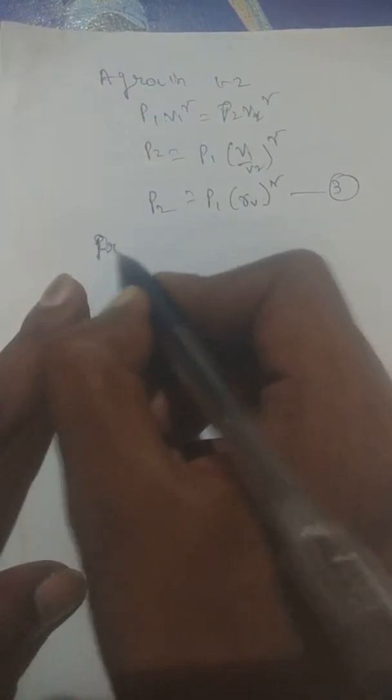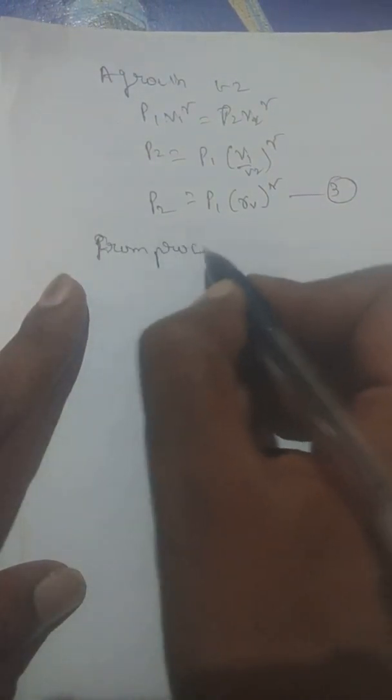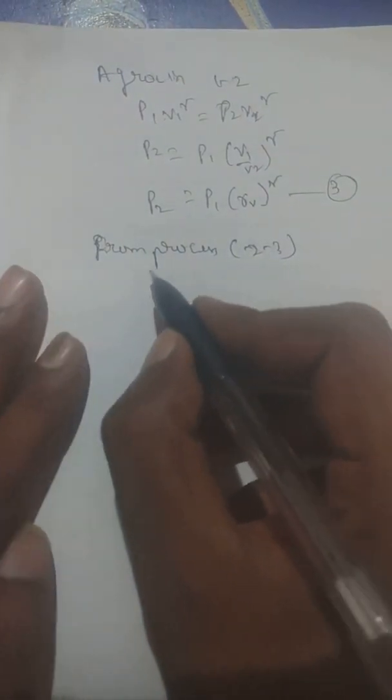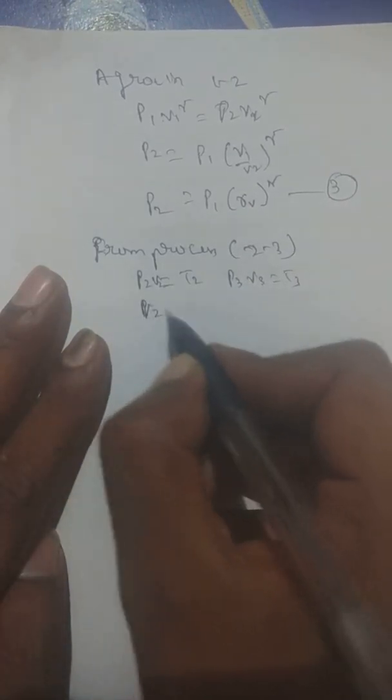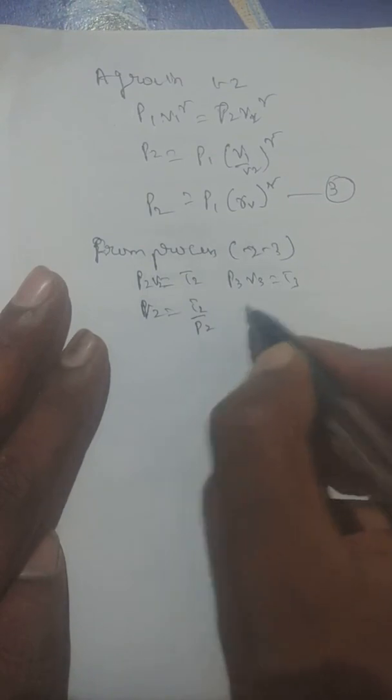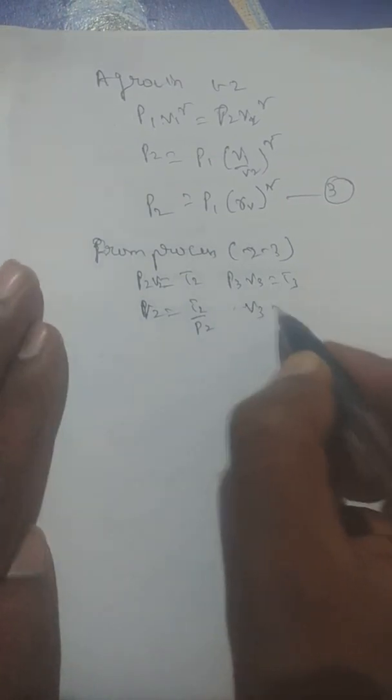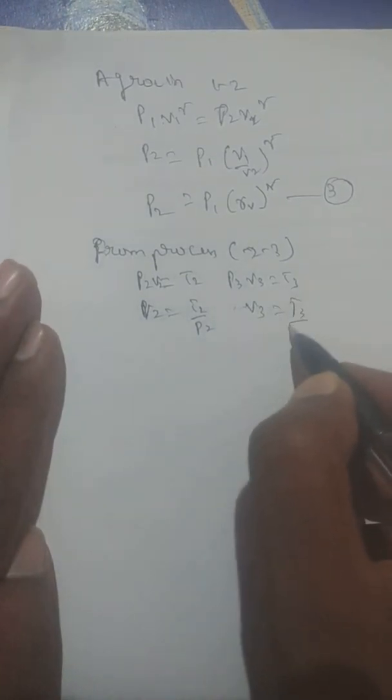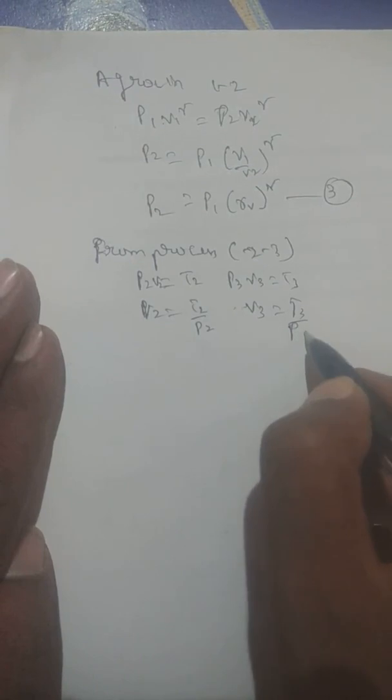So now considering the equations from process 2 to 3, that is constant volume process. What happens if it is a constant volume: P2 V2 is equals to T2, P3 V3 is equals to T3. If you take V2 on the one side, T2 divided by P2 will be equals to V3 is equals to T3 divided by P3.